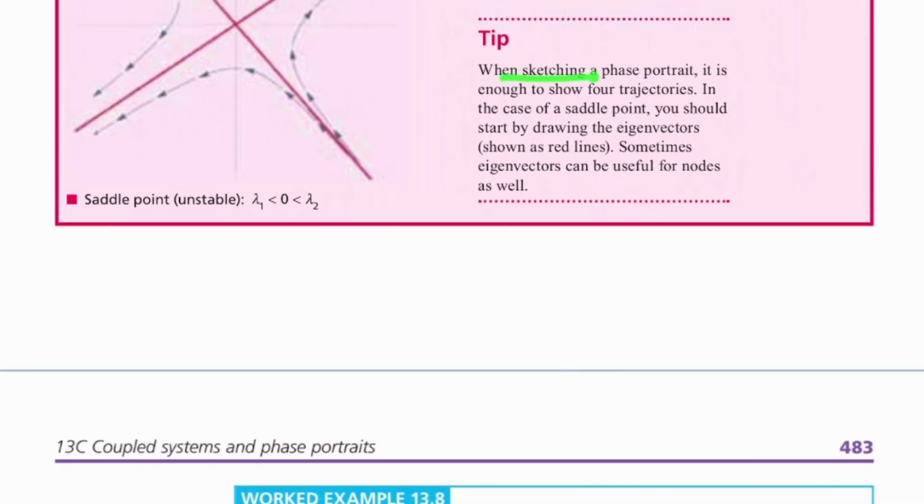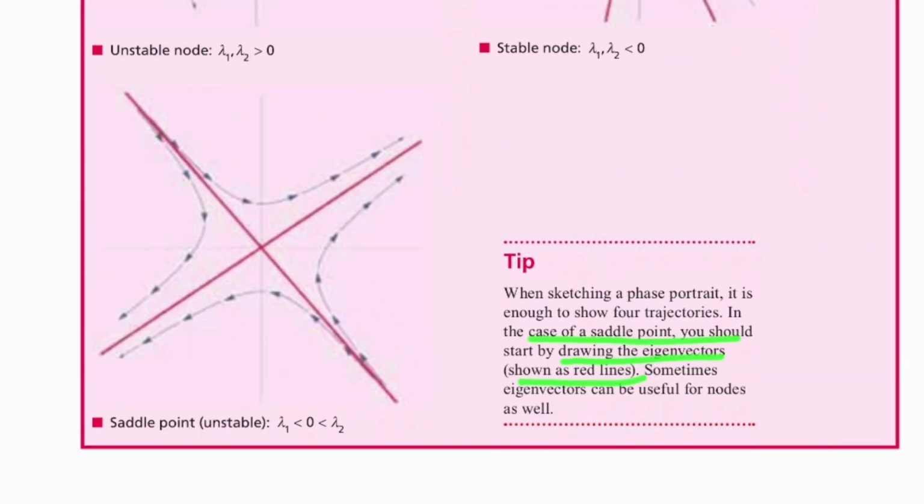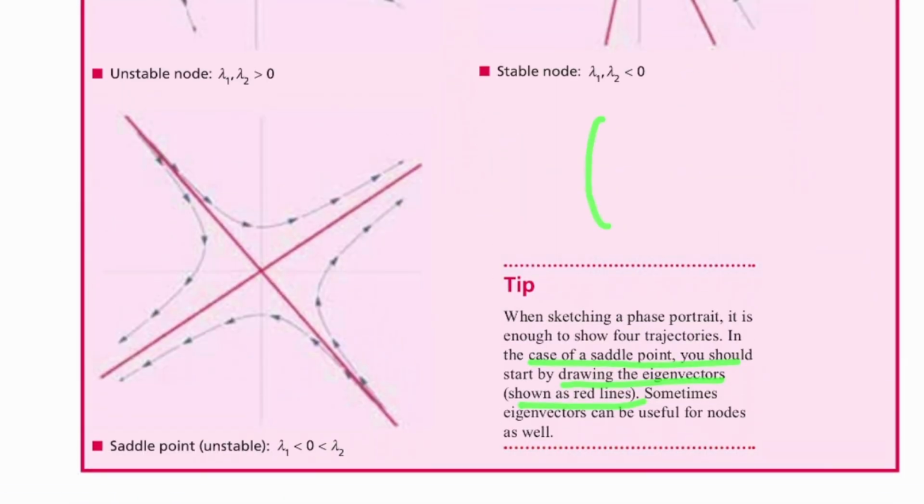When sketching a phase portrait, it is enough to show 4 trajectories. In this case, for the saddle point, you should start by drawing the eigenvectors as red lines. For example, your eigenvector is 1, 1.